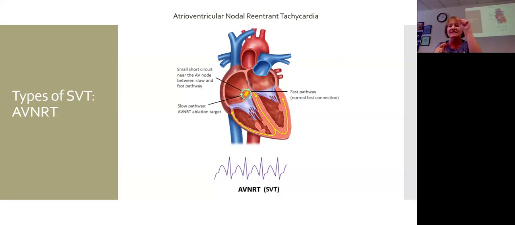The conduction goes down maybe that slow pathway, but the fast pathway is still open and it will just re-enter that way. This repeating conduction causes conduction to go down the bundle of His and those Purkinje fibers. The animation will tell you a little more about why the EKG looks like it does, and I'm going to save it for the animation.